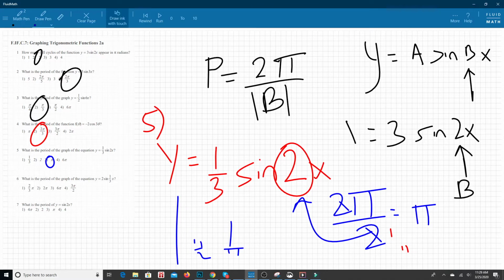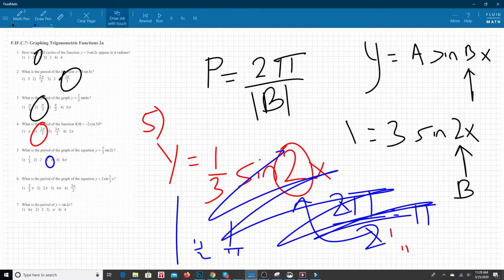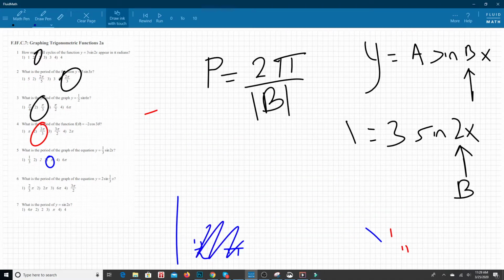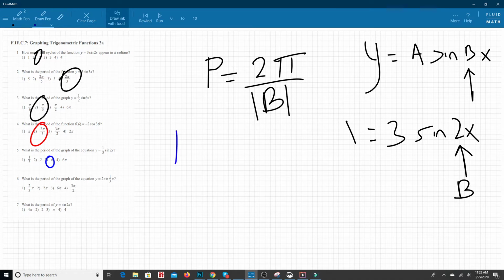Question 6. All right. Get rid of all this trivial stuff right here. Next one is question 6.